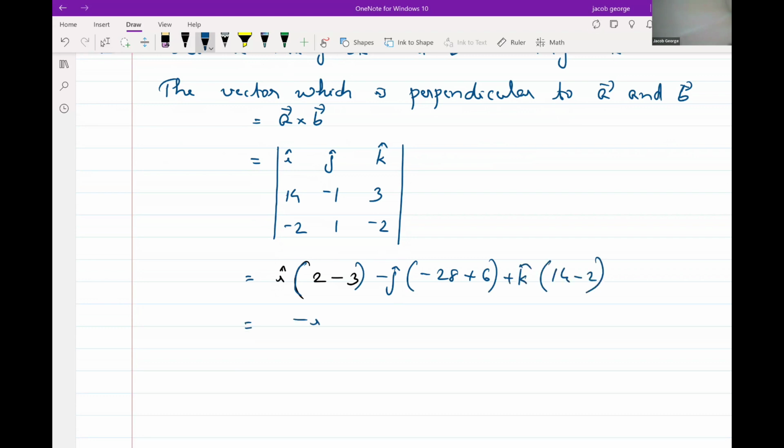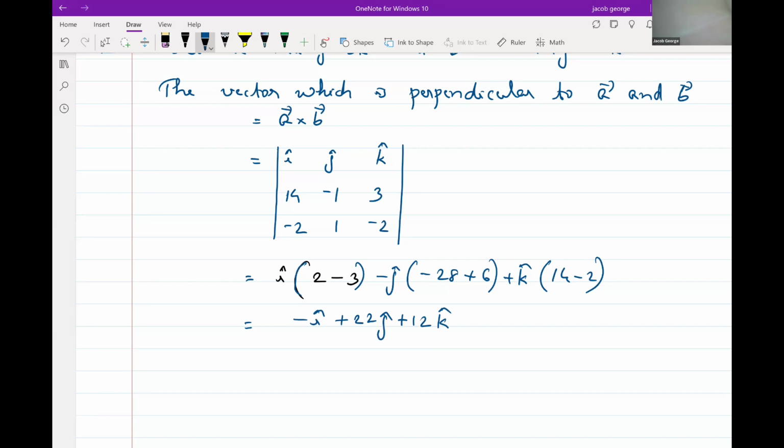That is minus i cap minus 28 plus 6, that is minus 22. Minus 22 into minus j cap is plus 22 j cap, plus 12 k cap. This is vector A cross vector B. Clear?